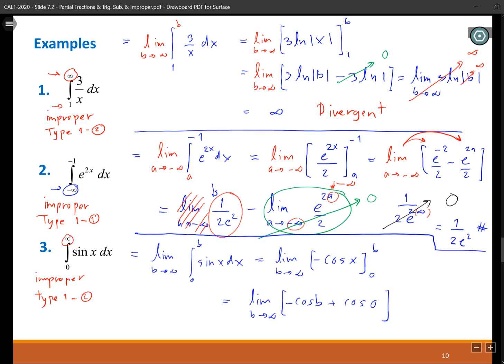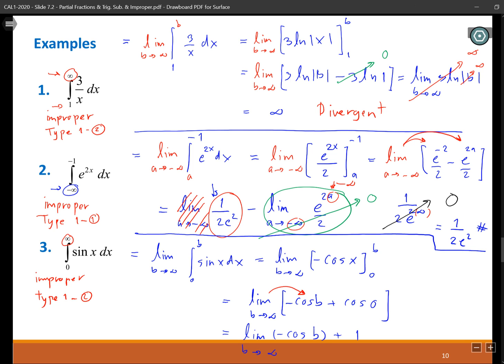Alright, so cosine 0, I can distribute the limit to this term and also to this term as well, but the back term here doesn't have any b, so I don't need to do that. So here in the end we have the limit as b approaches infinity of minus cosine b plus 1.